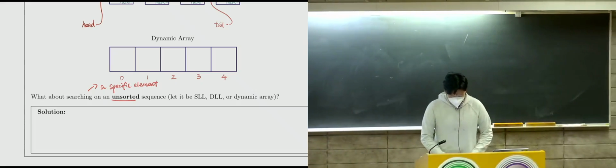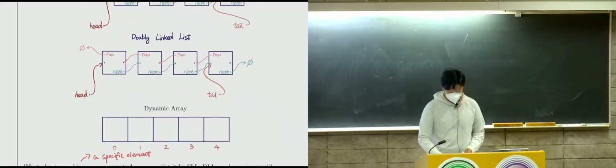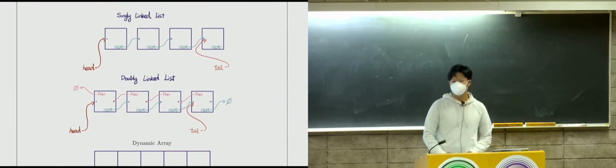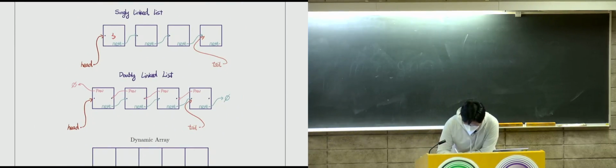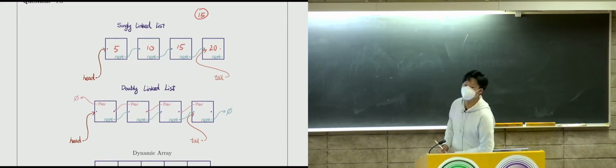So what is the time complexity of searching an element in a singly linked list? For example, I have 5, 10, 15, 20. I want to find whether 15 is in the singly linked list.